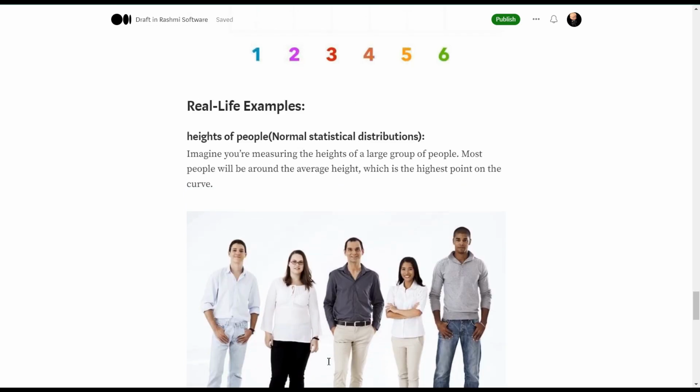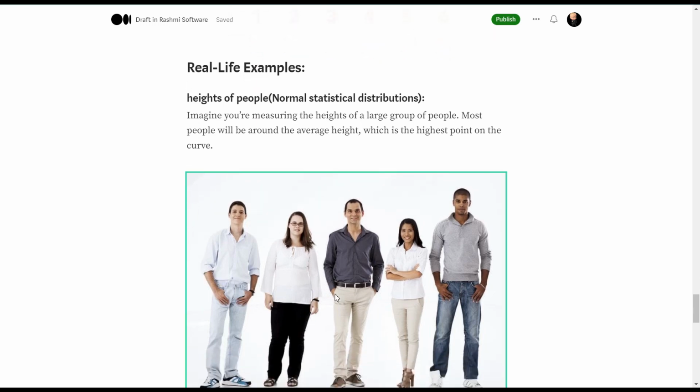What is the meaning of a real life example? Height of people, it's a real life example. It comes under the normal statistical distribution. Imagine you are measuring the height of a large group of people. Most people will be around the average height, which is the highest point on the curve. We can see in this diagram, 5 people are present here. 3 are average height and 2 are small.